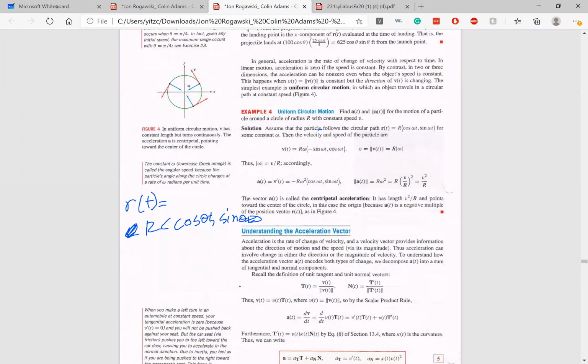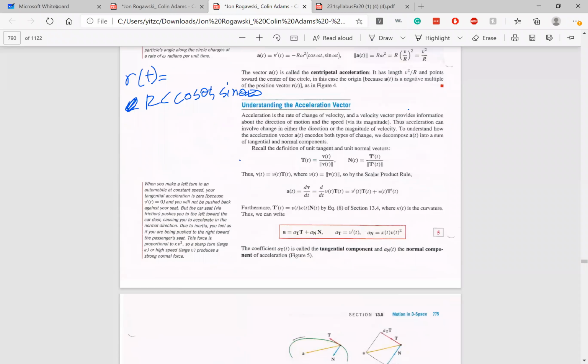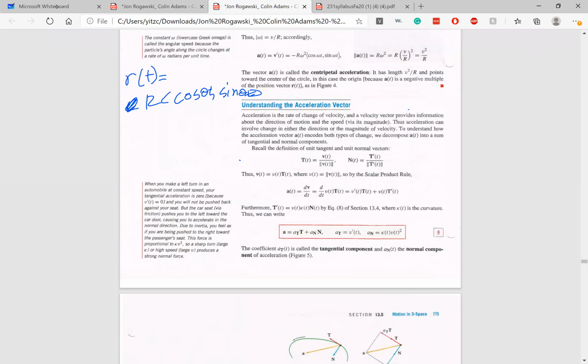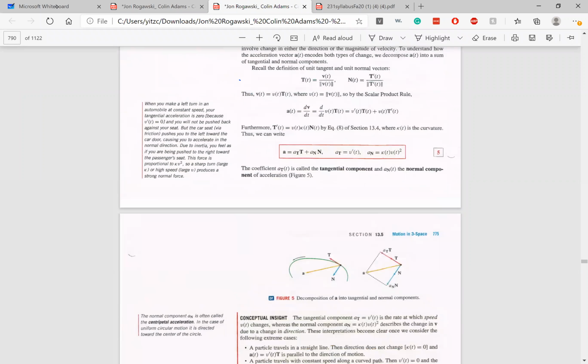Okay. So as usual, the acceleration vector can be broken into a tangent part and a normal part. When we have a curve and the acceleration vector, we can have the tangent component of that acceleration vector and the normal component of that acceleration vector.